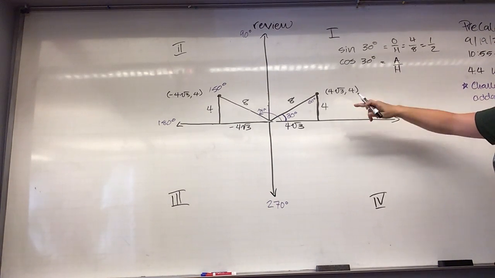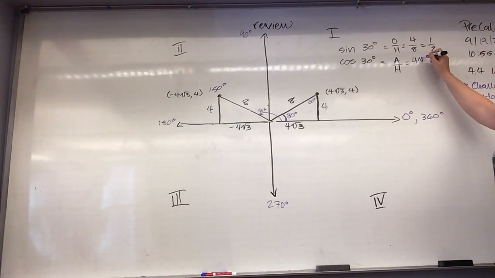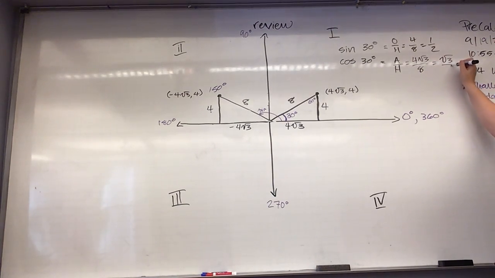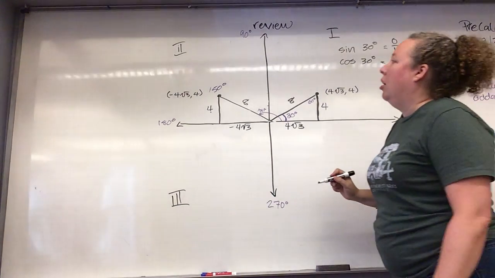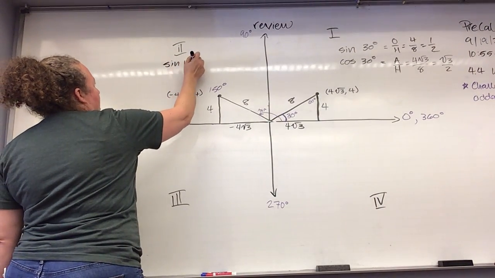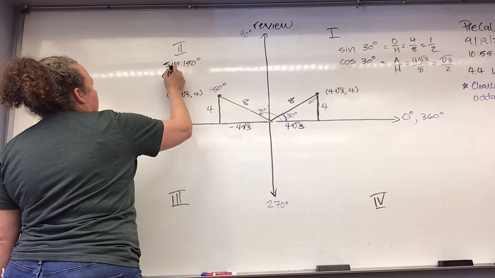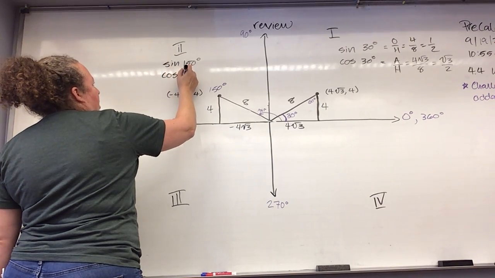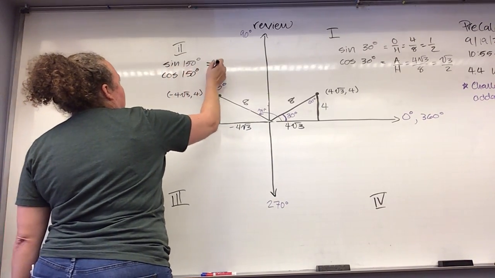That's right. So it's adjacent over hypotenuse. We've got 4 times the square root of 3 over 8, which simplifies to the square root of 3 over 2.